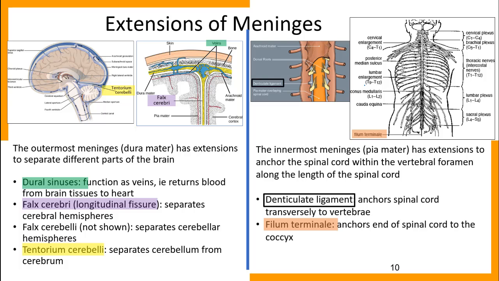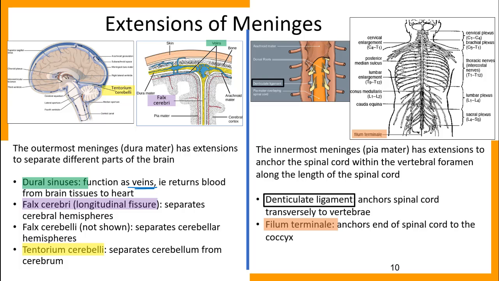In the brain, we've got the dura mater, which has extensions to separate different parts of the brain. Within the subdural spaces, you've got the dural sinus, which functions as veins. So it collects blood in the central nervous system in order to return it to the heart.